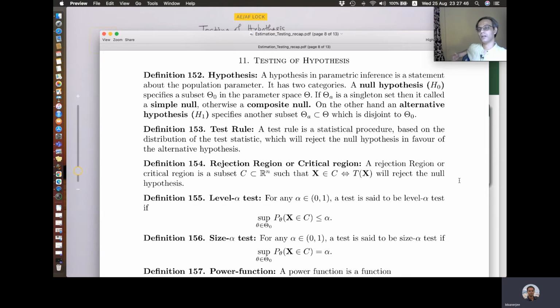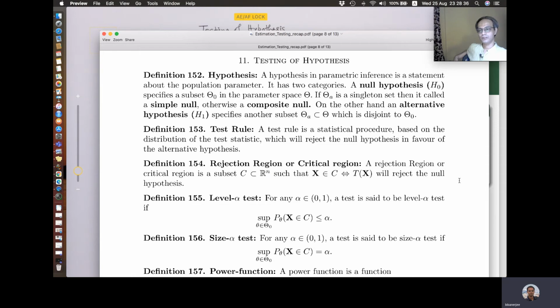That means, say for example, if you have a population and say it is normally distributed, then mu and sigma square, these are the parameters which are characterizing that family of distribution. That means if you change the value of mu and sigma square, it will change the PDF as well as the CDF, and it can cover all possible PDFs and CDFs of normal distribution. So now, if we make a statement about the population in terms of its parameter, then that thing is usually known as the hypothesis.